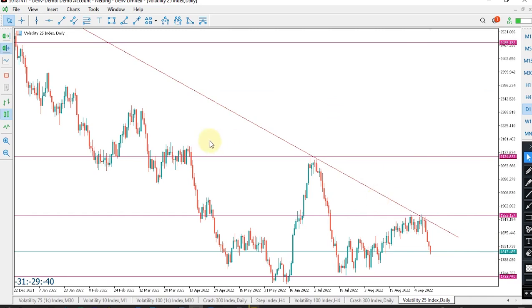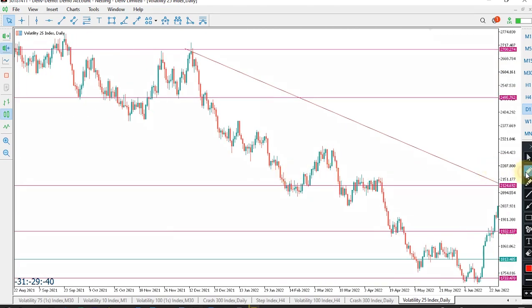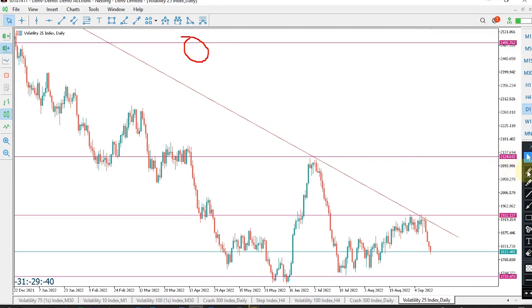And if you understand what we've been doing by analyzing different time frames, you will see that we have our first touch here, and our second touch here, and our third touch here. So what we do here is as simple as ABC.